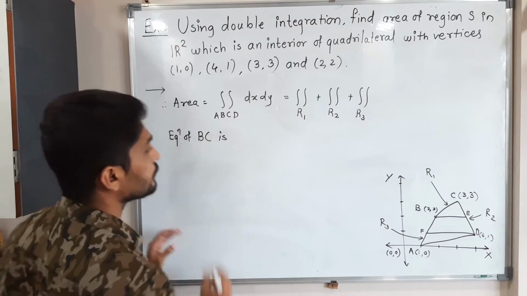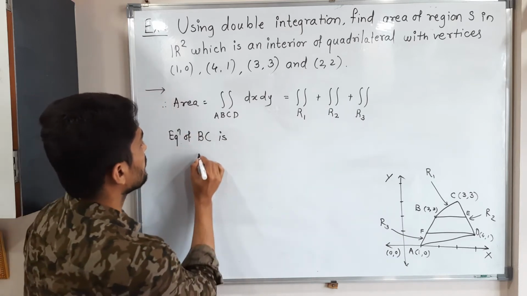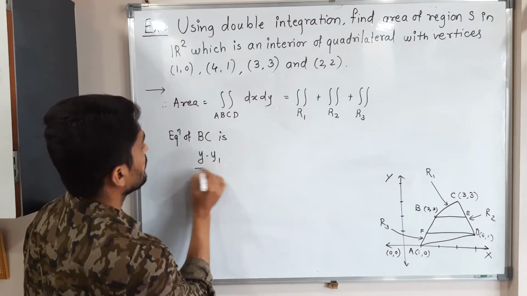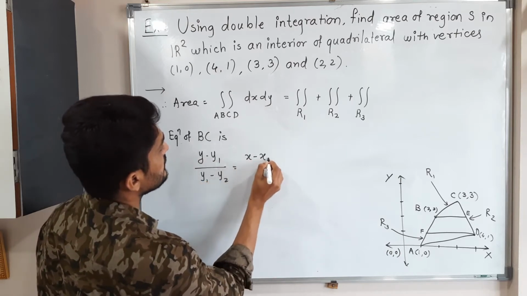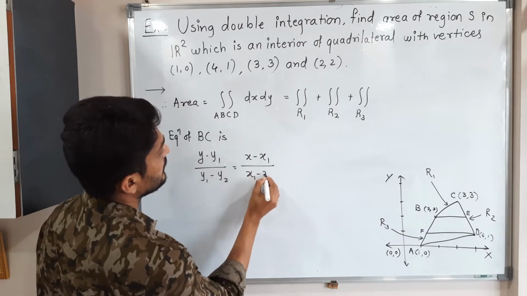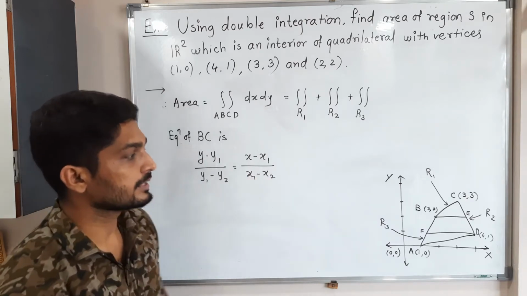How to find the equation of BC? The equation of BC is given by the formula (y minus y1) upon (y1 minus y2) is equal to (x minus x1) upon (x1 minus x2). This formula I am using to find its equation.